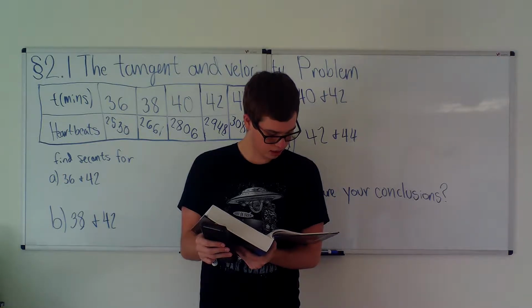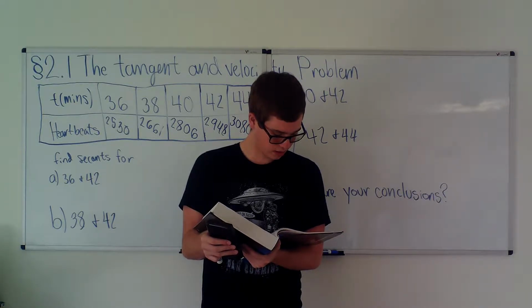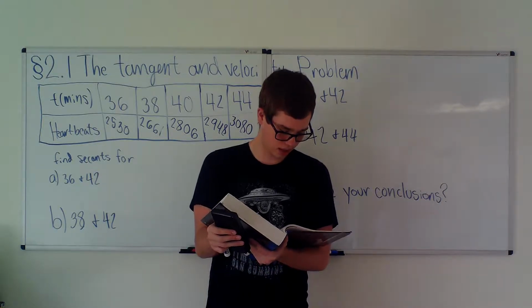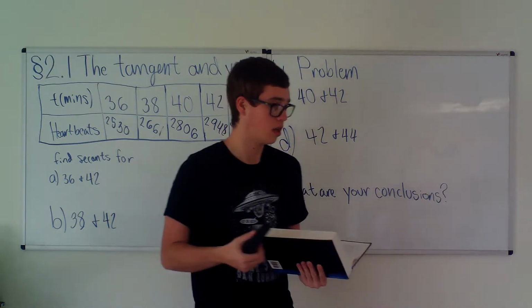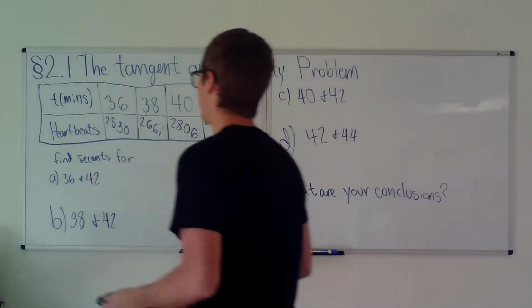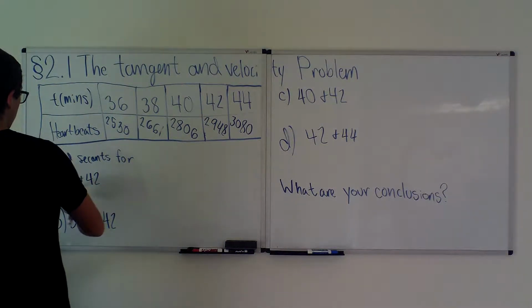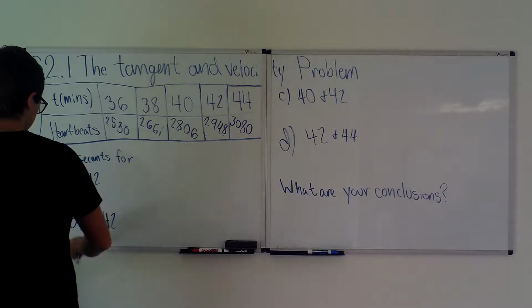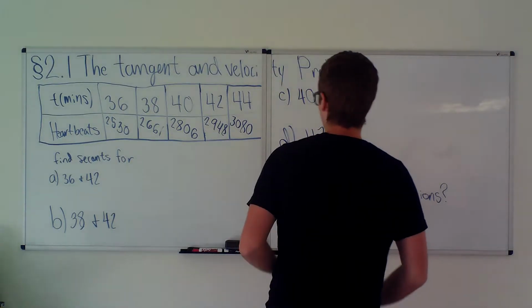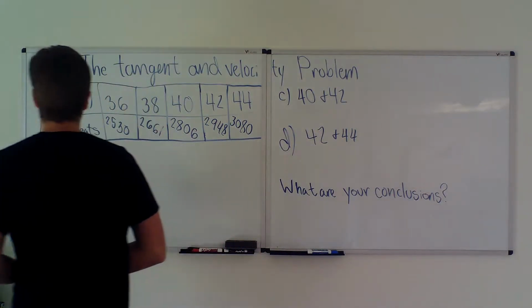Use the data to estimate the patient's heart rate after 42 minutes using the secant line between the points with the given values of t. What are your conclusions? So, we're going to be finding the secants between 36 and 42, between 38 and 42, between 40 and 42, and 42 and 44. So let's do that.